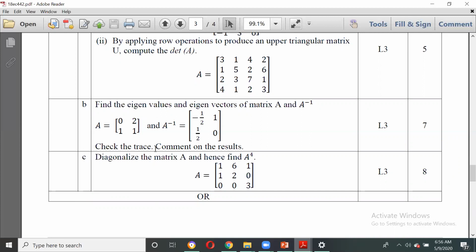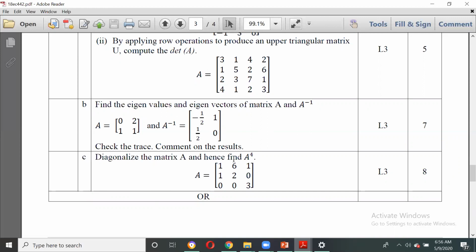We need to find the trace. The trace will be the sum of the diagonal values of the eigenvalue matrix.